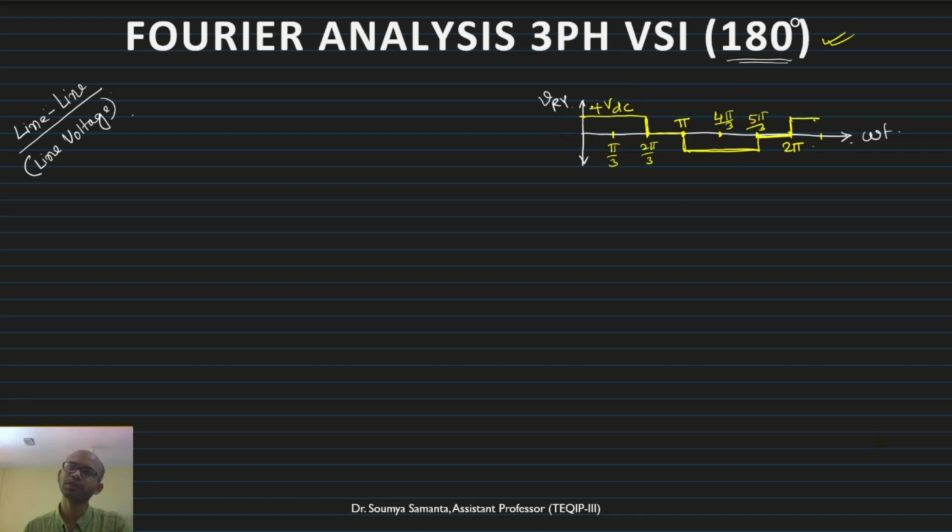This is one line voltage. The next line voltage will obviously be 120 degrees apart from this one. It will be displaced 120 degrees to this side, and you can draw it. Again, a 240 degree displacement from this gives the third. That is called phase shift.